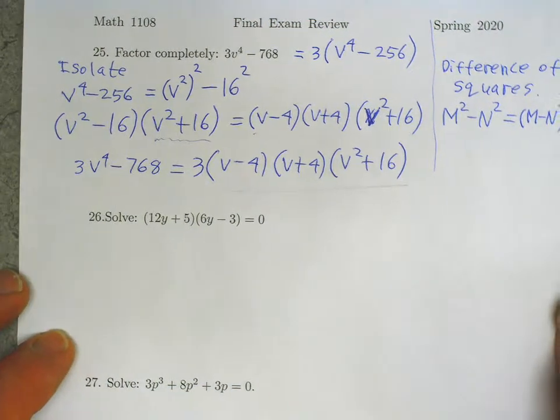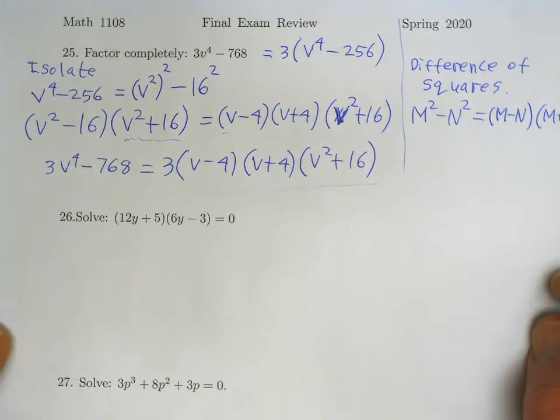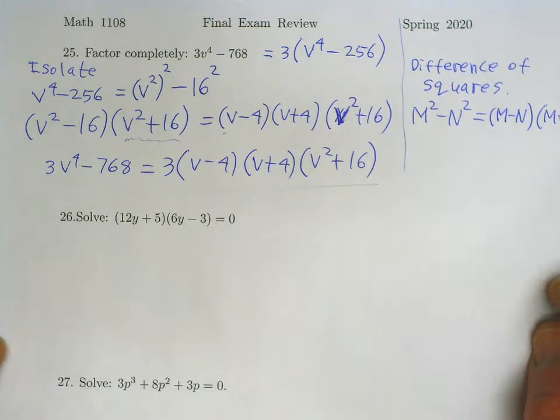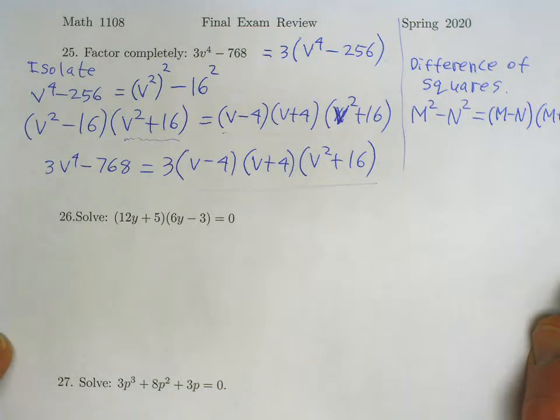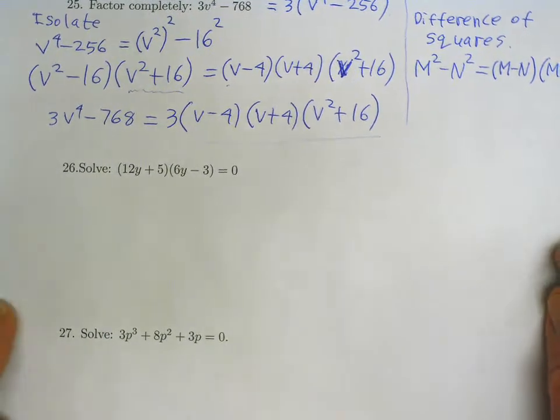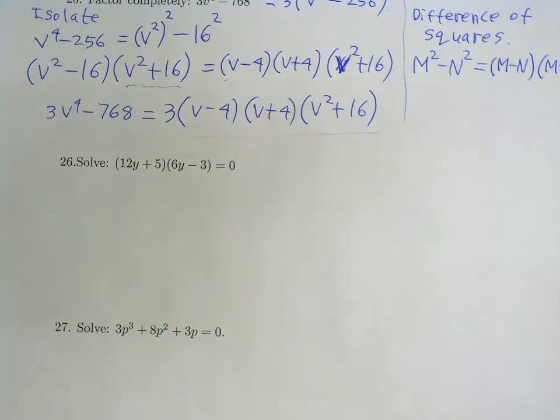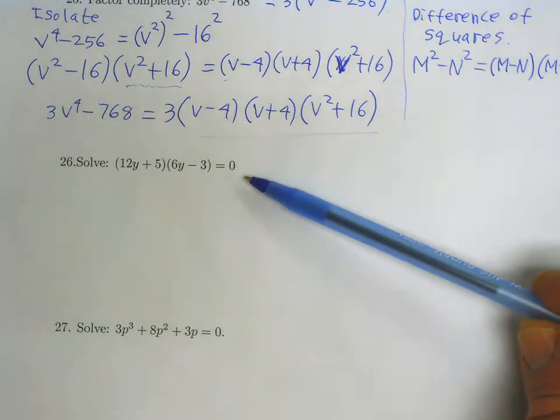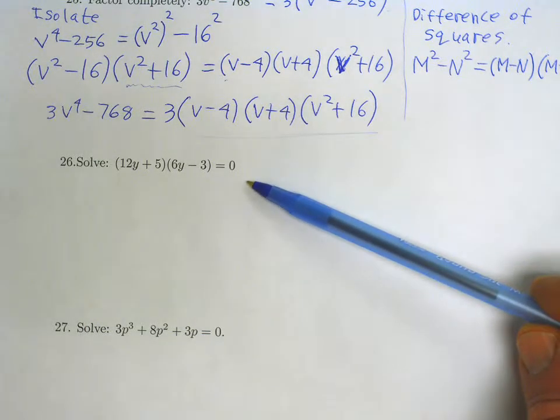Okay, number 26, solve the equation 12y plus 5 times 6y minus 3 equals 0. Well, this is all set up for us to find the solutions.